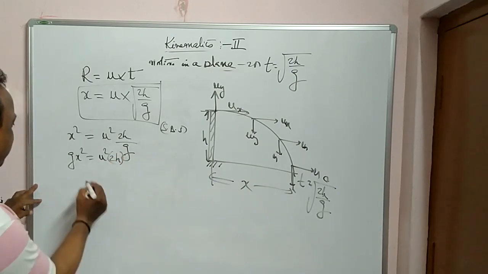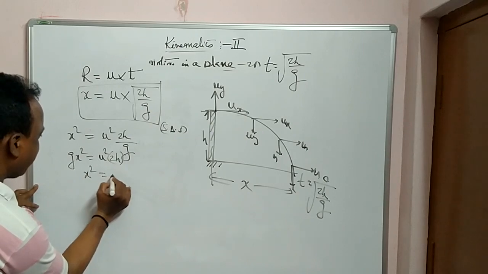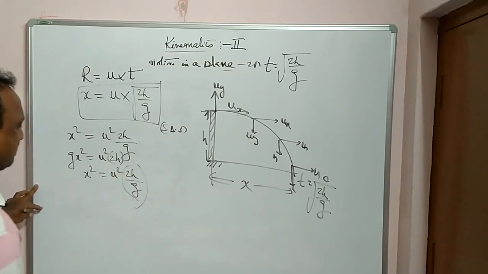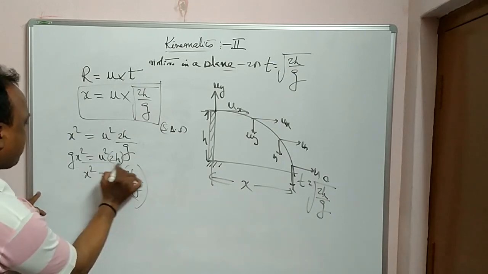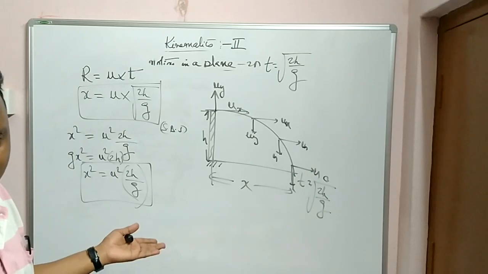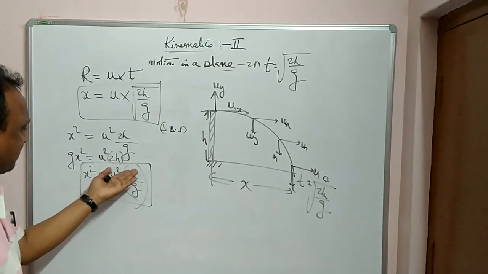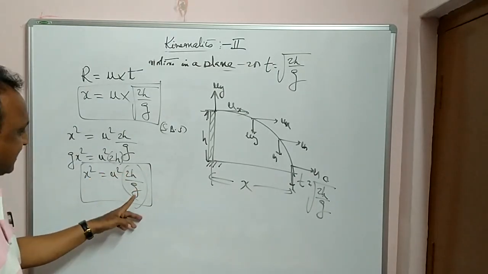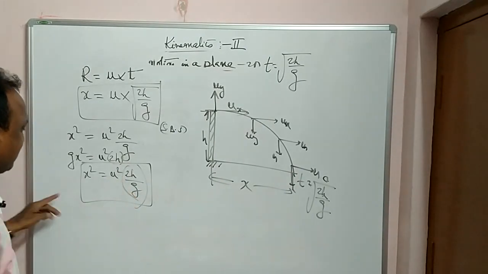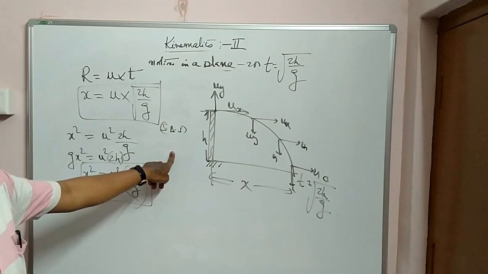So this equation again you can call a parabolic equation, like y square is equal to 4x, or x square is equal to u square into h by g. h is height of the tower, g is acceleration due to gravity constant, 2 is constant. So this again represents the equation of a parabola.